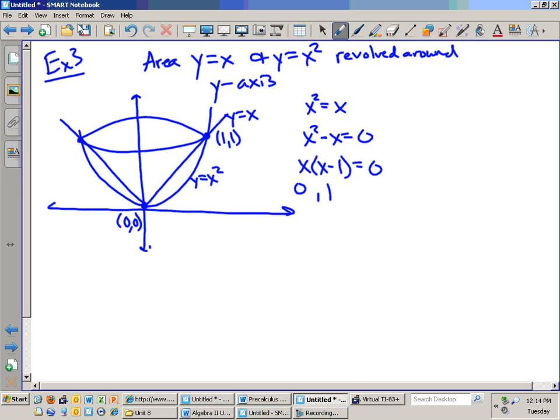Here's how I do it. Okay, so here's how I show my work. I take this piece and I cut a rectangle out of it. That's my rectangle I cut out. And I spin that all the way around.